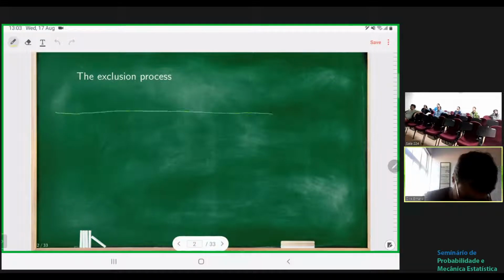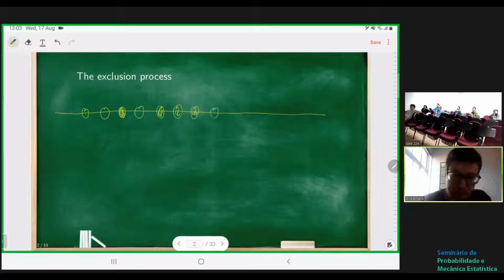Let's say on the one-dimensional line, maybe there is no particle here, there's a particle, a particle, a particle. Maybe there's no particle here, no particle here, but there's a particle here and no particle. Then all of these particles want to do random walks, let's say nearest neighbor random walks.